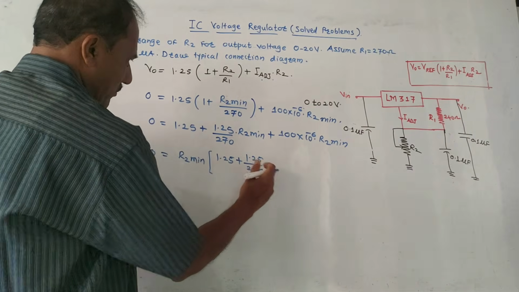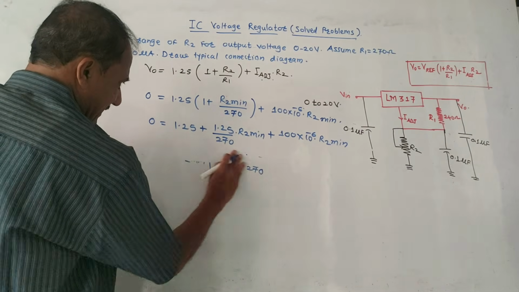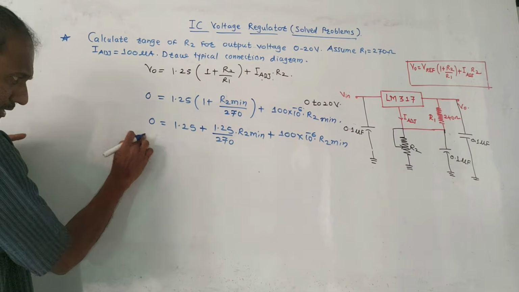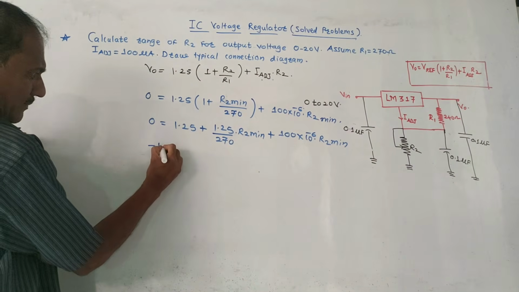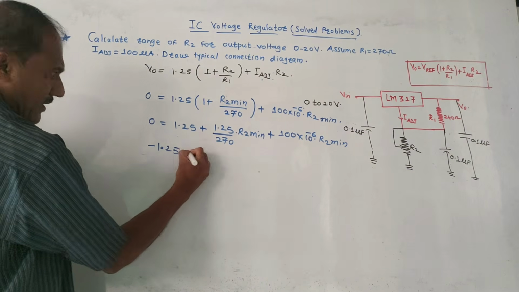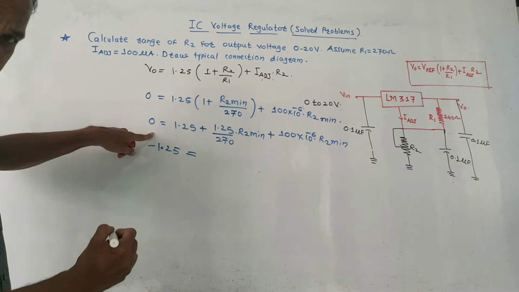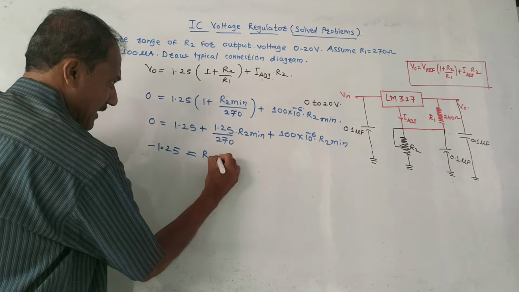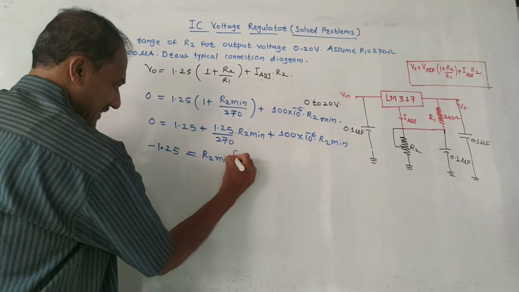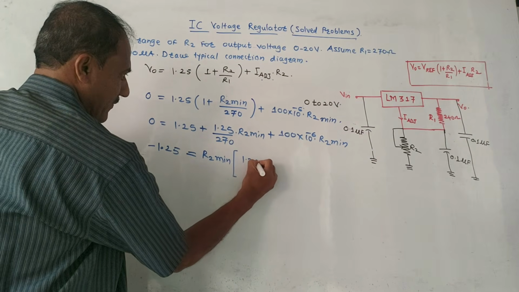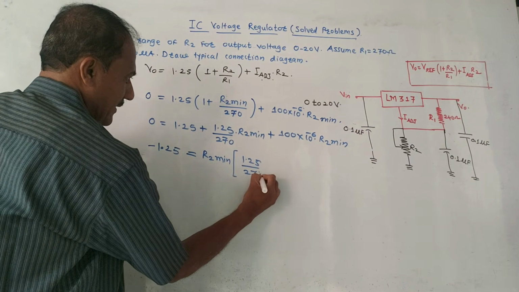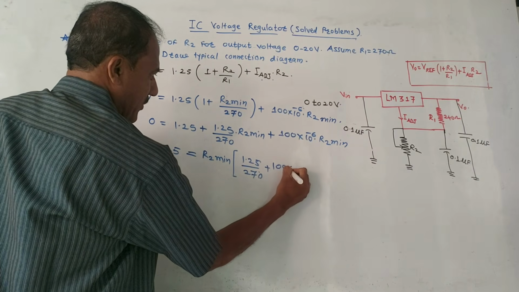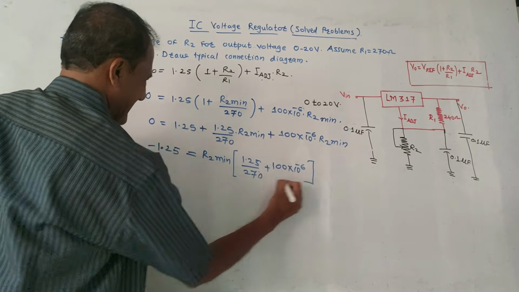One more change. Instead of writing this equation, we can write it like this. We transfer this 1.25 to the LHS, so it becomes minus 1.25 equals to. See, first it was transferred here. Take R2 minimum common. So it becomes R2 minimum in the bracket 1.25 upon 270 plus 100 into 10 raised to minus 6.